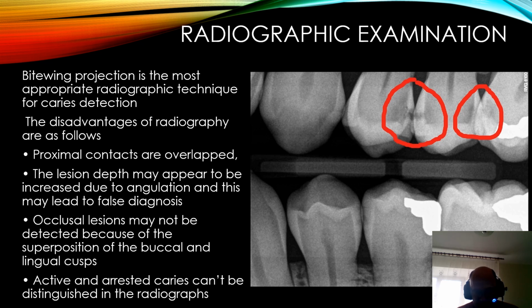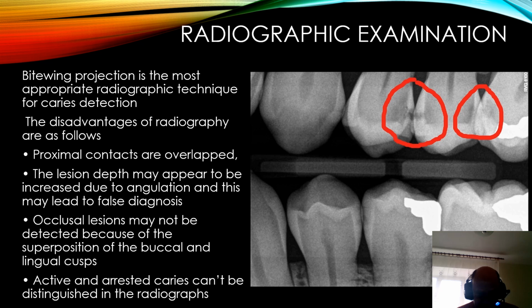Of course, we must remember radiographic examination. And first of all, it is bitewing projection. This X-ray is the most appropriate radiographic technique for caries detection. The disadvantages of radiography are as follows. Proximal contacts are overlapped, like here.